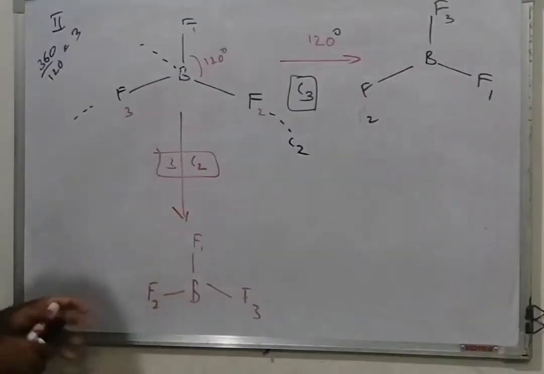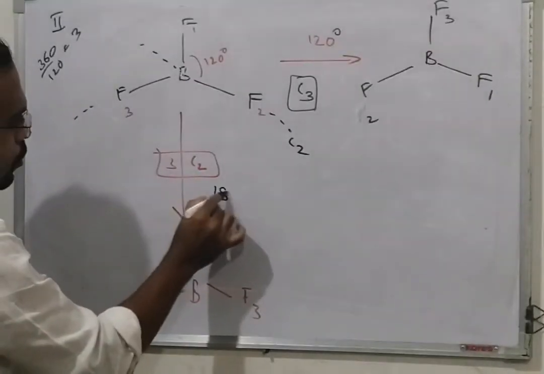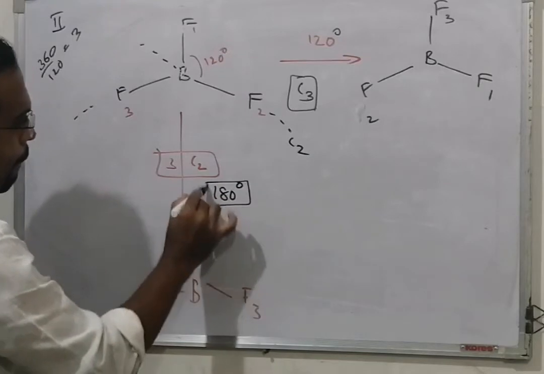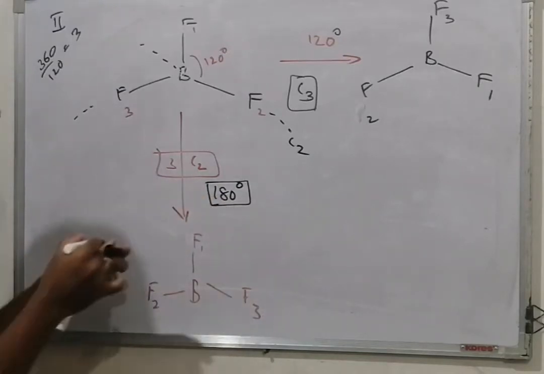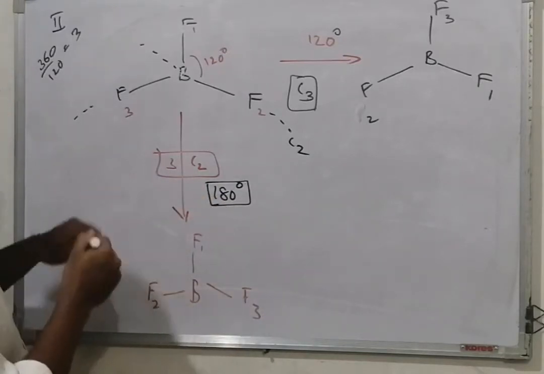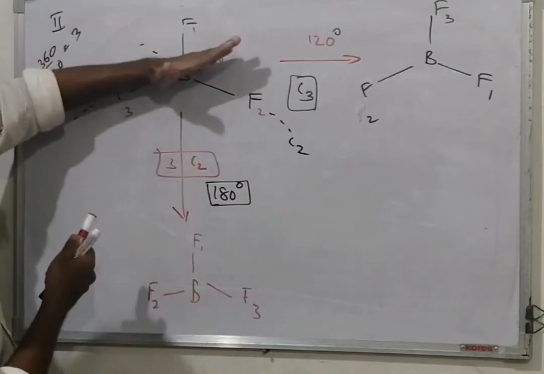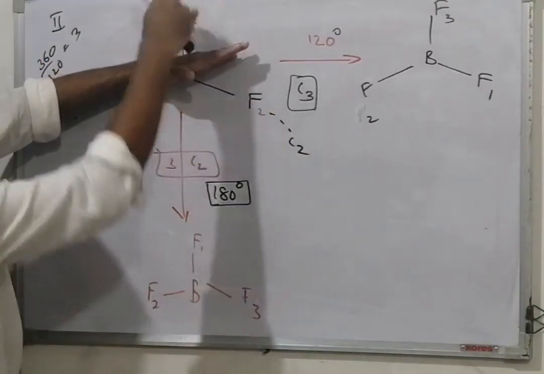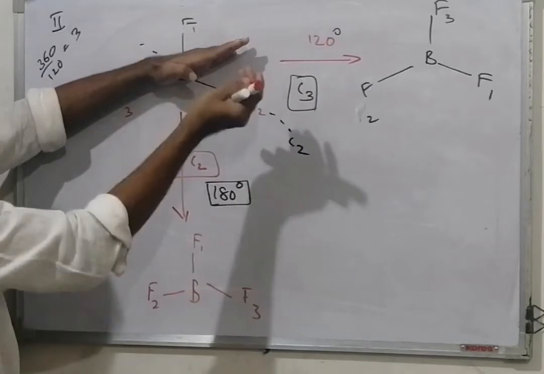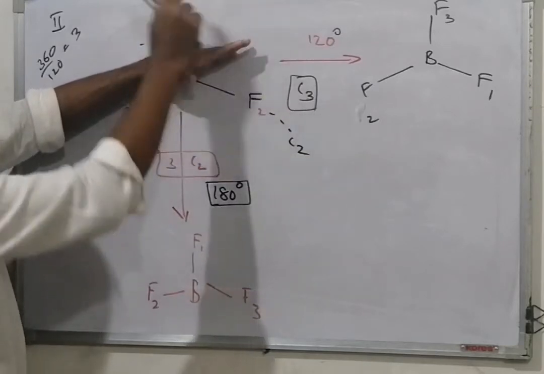Have you noticed that C2 means 180 degree? When you rotate 180 degree, how do you write the products? This should be transferred like this. Upper should go down, down should go upper.